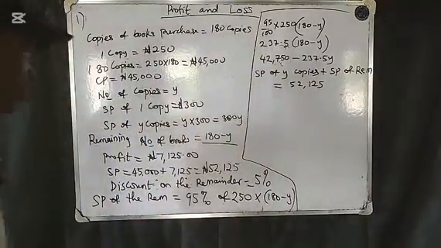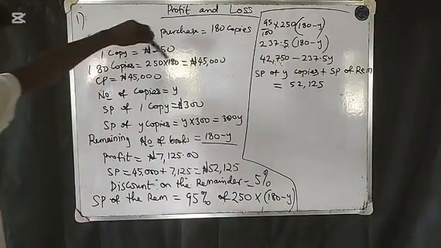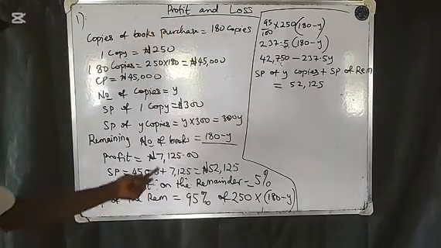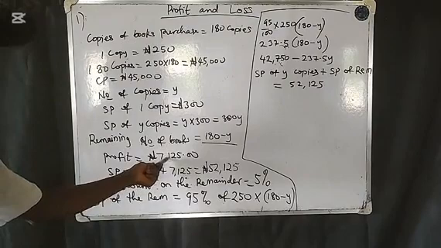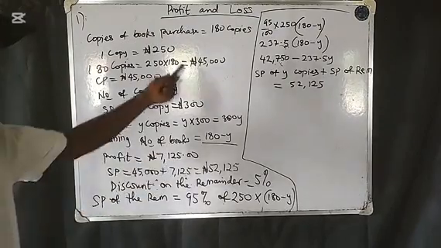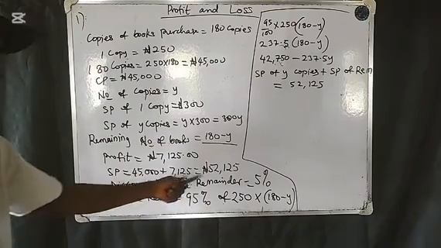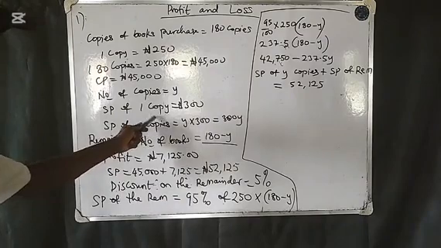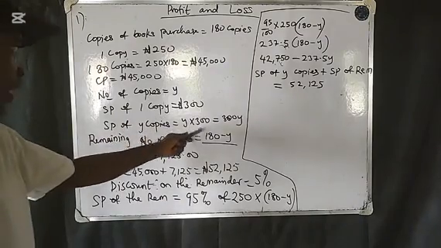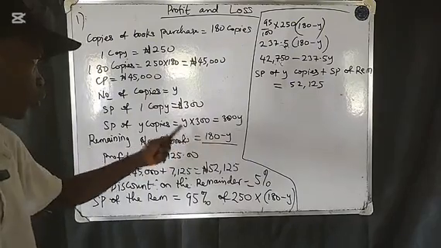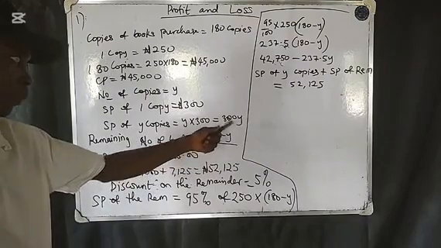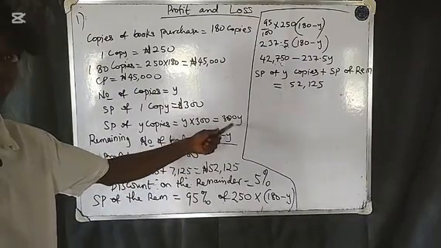How do we arrive at the total selling price? Total cost price is this, and we are told we made a profit of this. Profit plus cost price will give us selling price. The selling price of y copies will be 300 times y, because he sold one copy for 300 naira. This is the selling price of y copies.